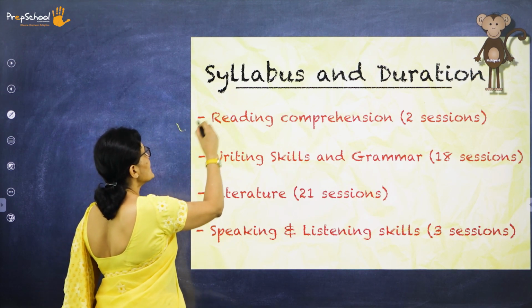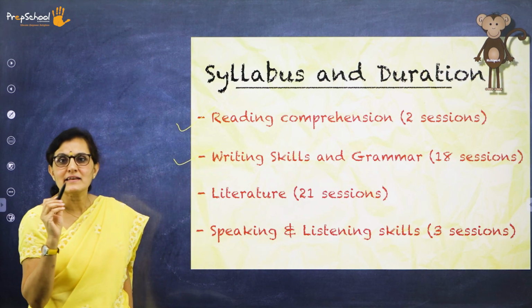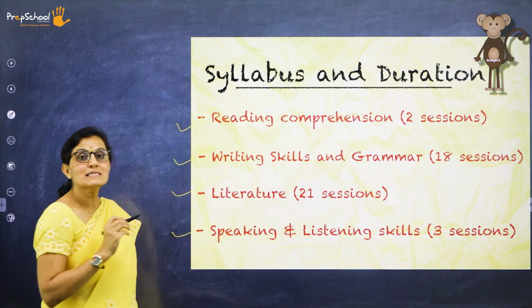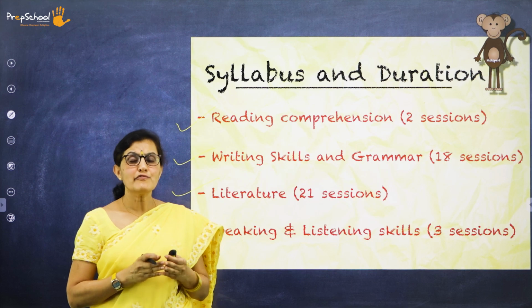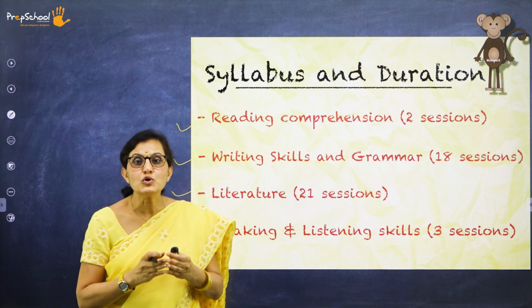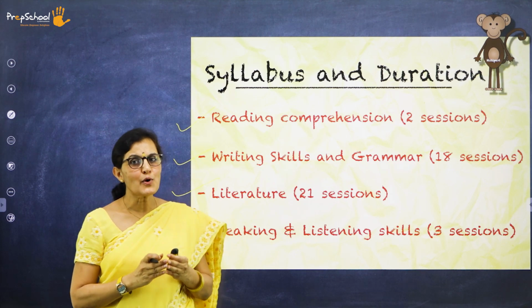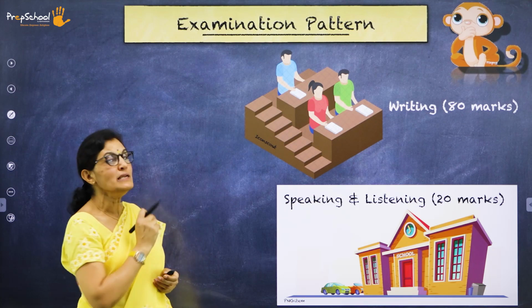First is your reading comprehension, followed by your writing skills and grammar, and then your literature along with your speaking and listening assessment. Now that you're familiar with the portions that you need to learn, let me take you to the most important part of today's presentation, the examination pattern.